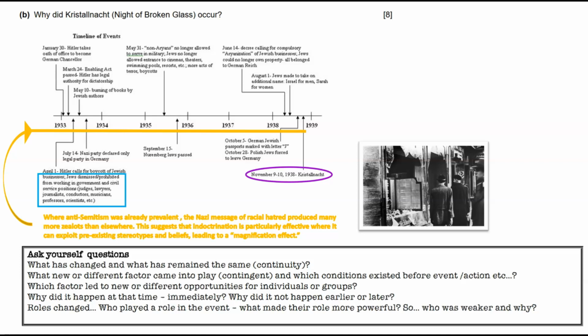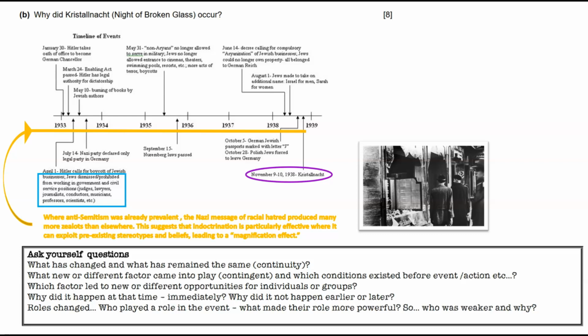Then we look at laws that were passed, starting with the Civil Service Law in April 1933, and the overcrowding of schools and universities law in April of 1933, which basically had non-Aryan children removed from classrooms.